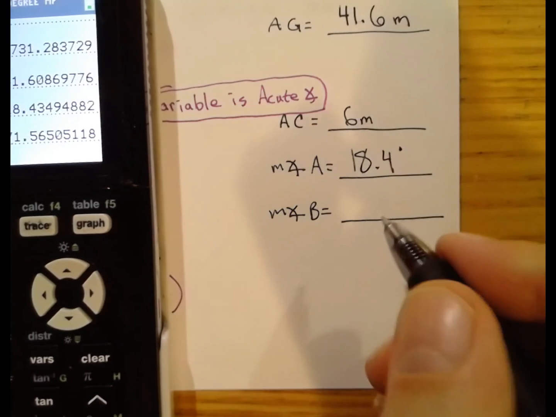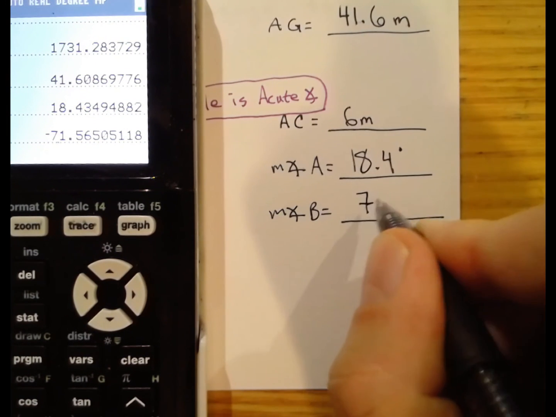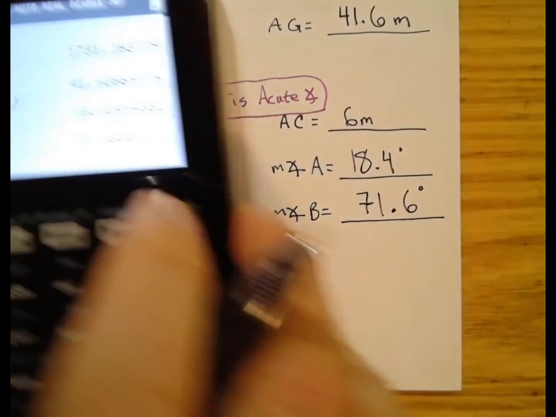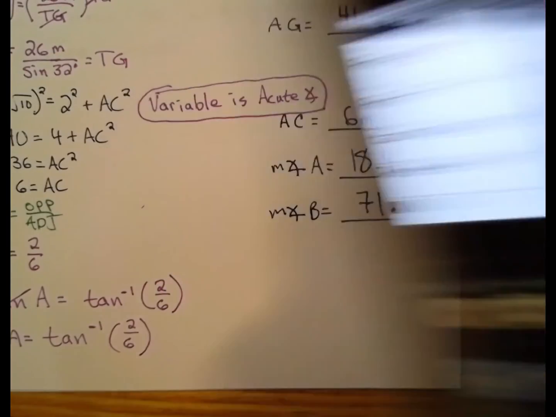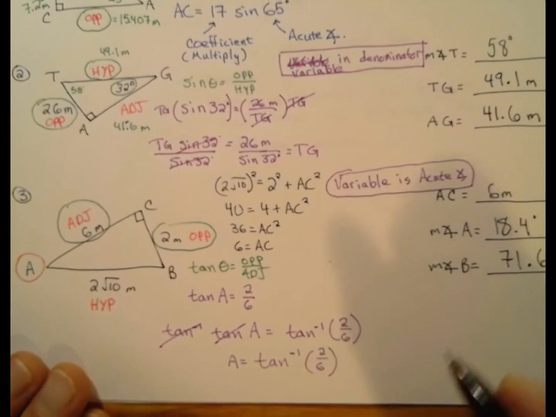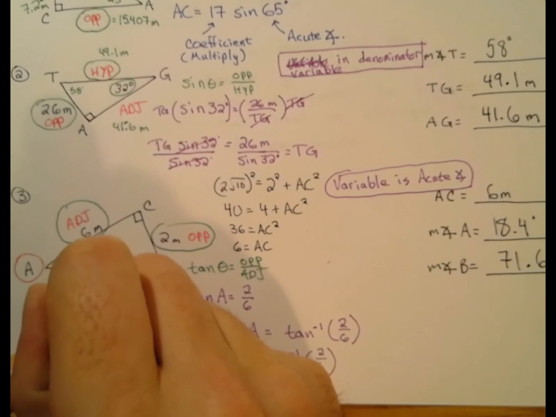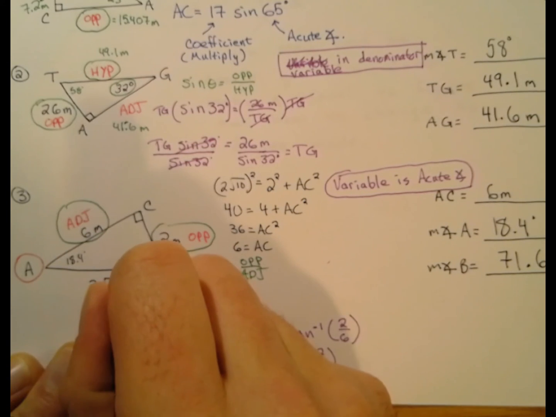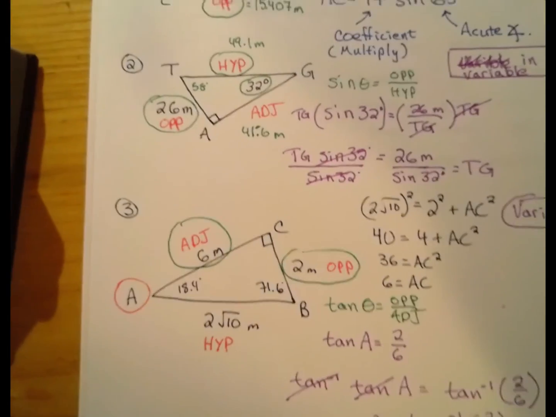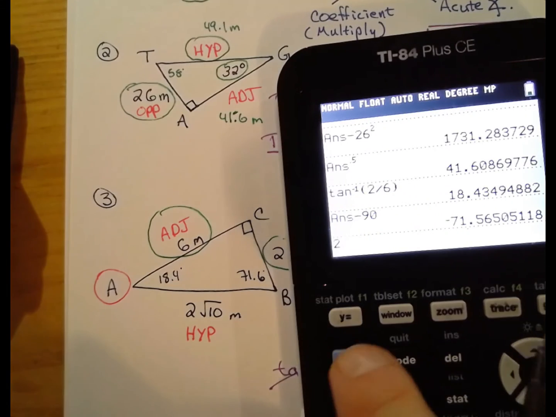Okay, we can calculate the complement of that, which is the other acute angle, just by subtracting from 90. And last, a quick little check. I got this to be 18.4 degrees and this to be 71.6 degrees. Quick little double check. The longest side, well, what is 2 root 10?